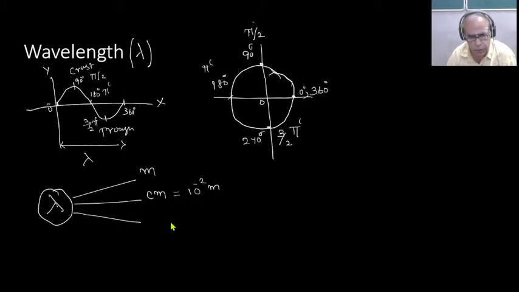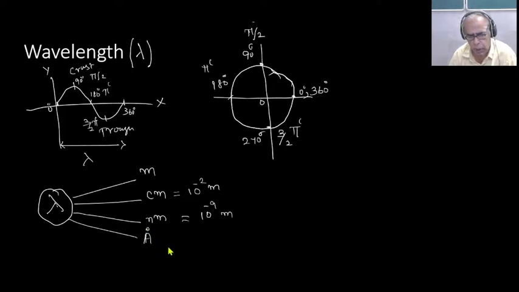And sometimes it can be represented as nanometer. In that case, nano means 10 power minus 9 meter, right? Sometimes it can be represented as 1 Angstrom. 1 Angstrom should be represented like this, A with a small circle on top.